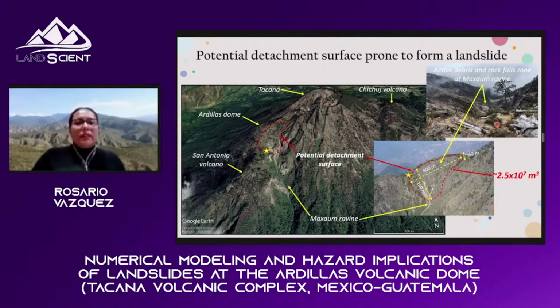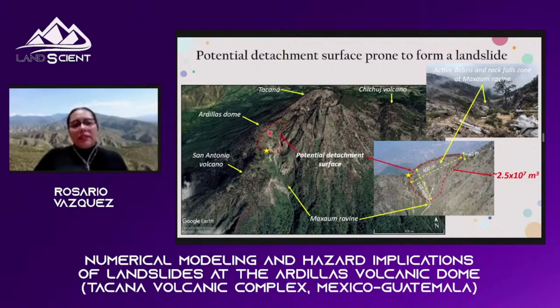And all these conditions give us the reasons why we started to do this research, because we detected that right now there is an active zone that is having rockfalls and have all these debris from the vegetation.